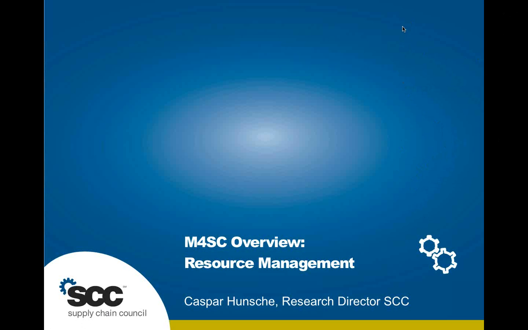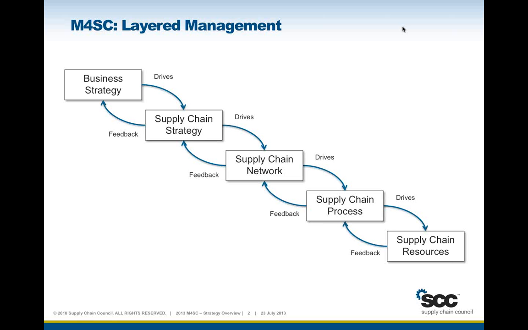So today, the fourth of the four modules or subsets of the M4SC framework, if you will. As we have shown in the last three sessions before, basically the M4SC framework consists of four key boxes.